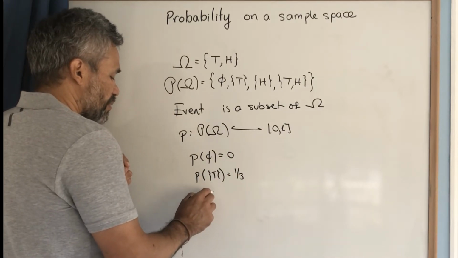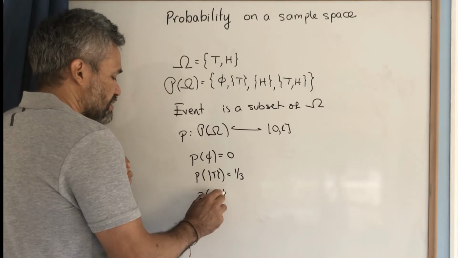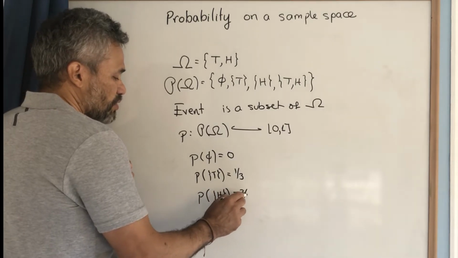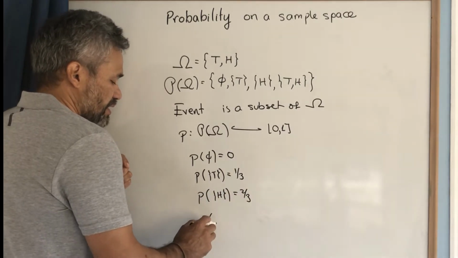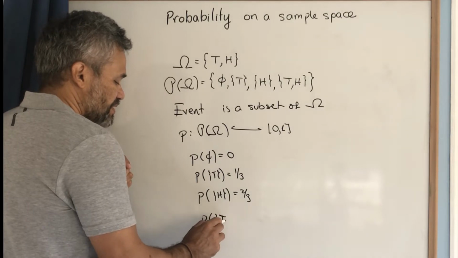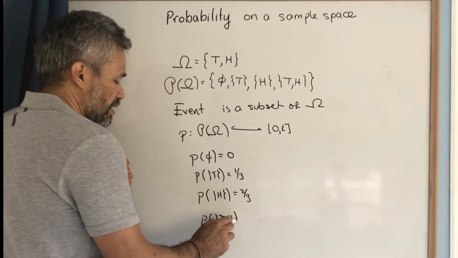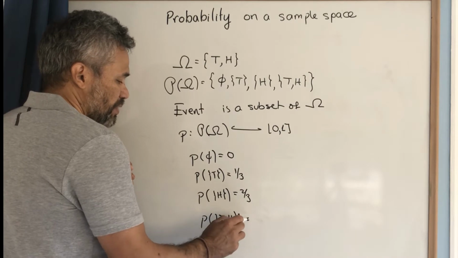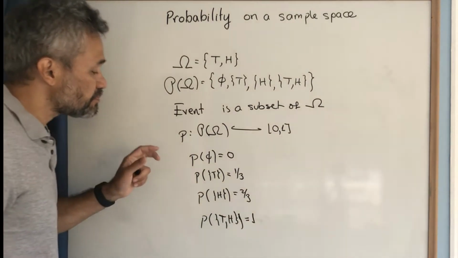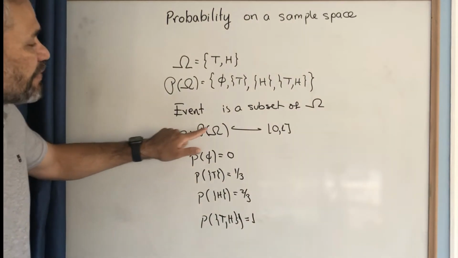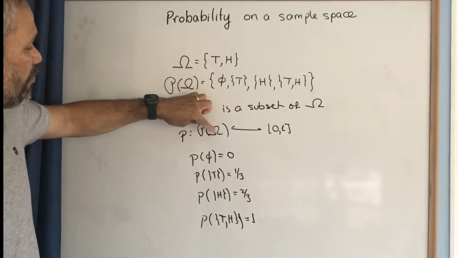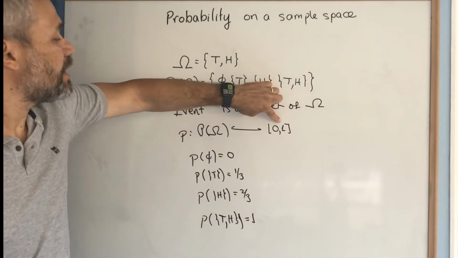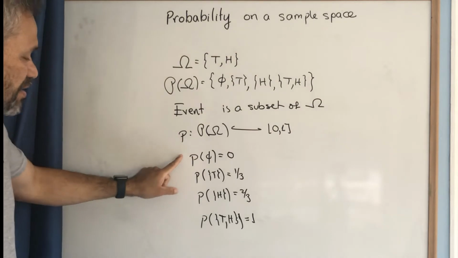We can assign the probability of this set to be 2/3. And we can assign the probability of this set to be just 1.